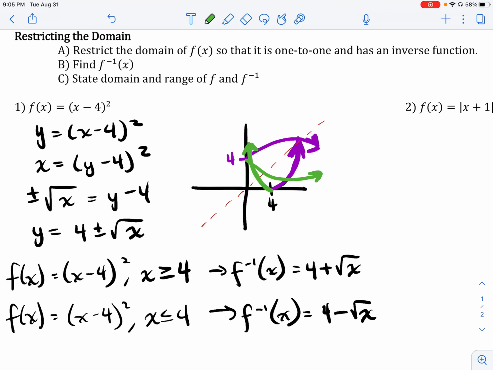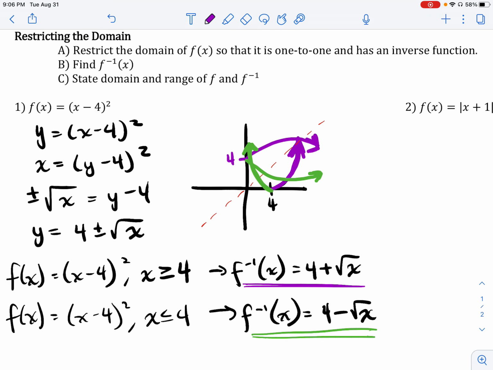Something like that. Not a great graph, but you get the idea, where it would be symmetric over the line y equals x. So that would be this inverse here, and the purple was this one right over here. Okay. Important to note, you do not need to list both of these. Depending on which domain restriction you choose, you would just need to list one or the other.